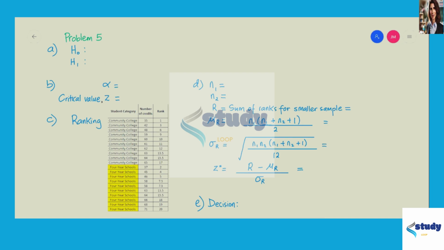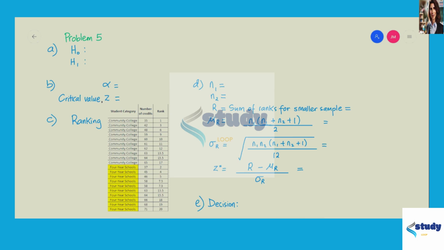In problem 5, we're going to be looking at a case where a university dean wishes to see if there's a difference in the number of credits that two categories of students receive. The first category being the community college students, while the second category being students who have attended a 4-year college and transfer after 2 years.